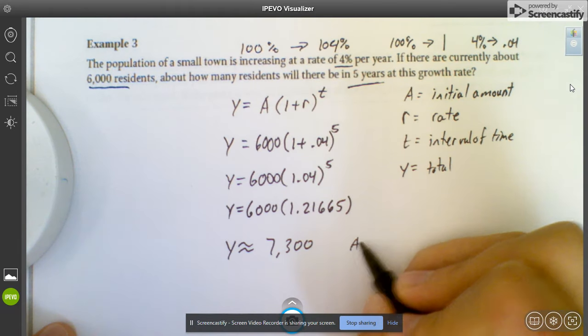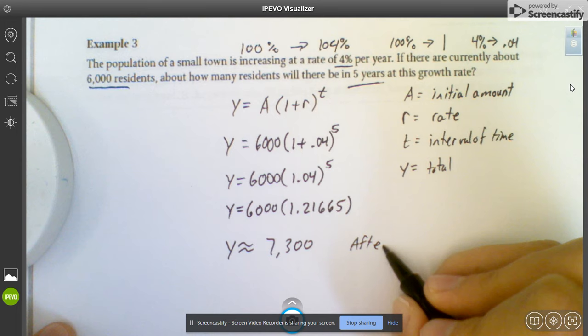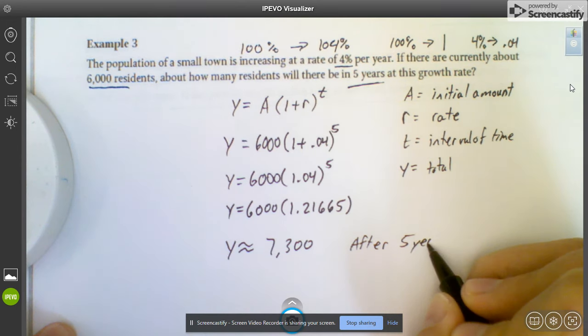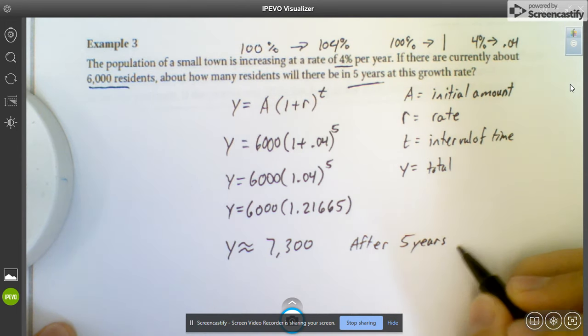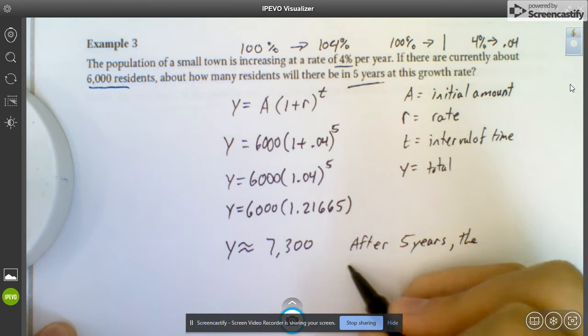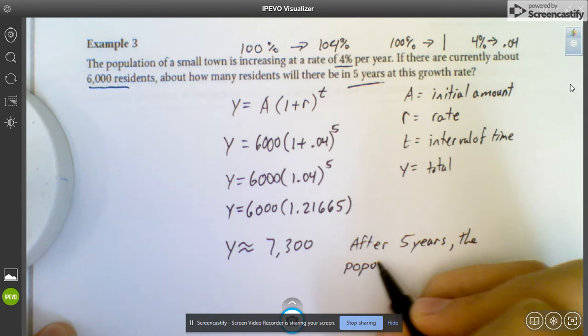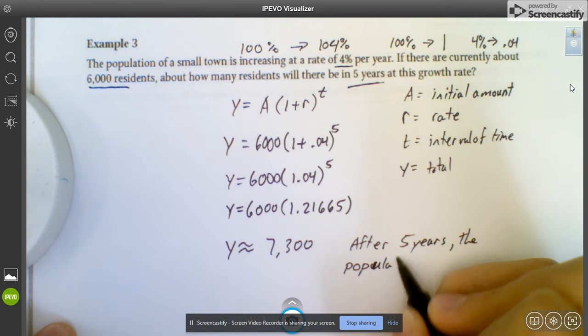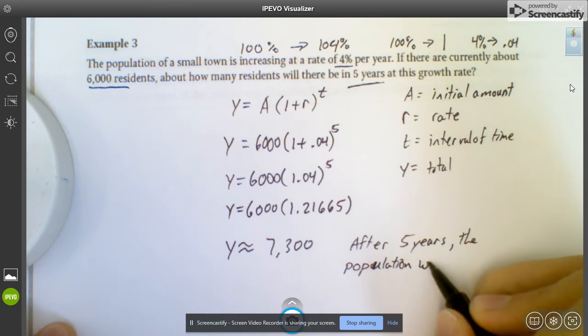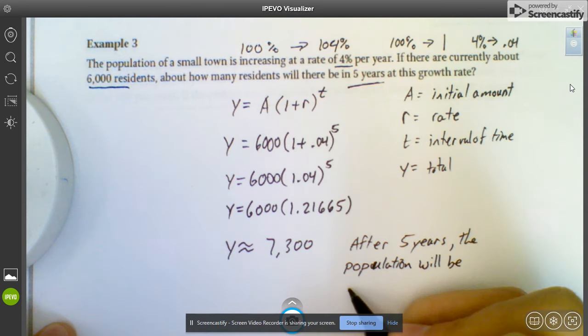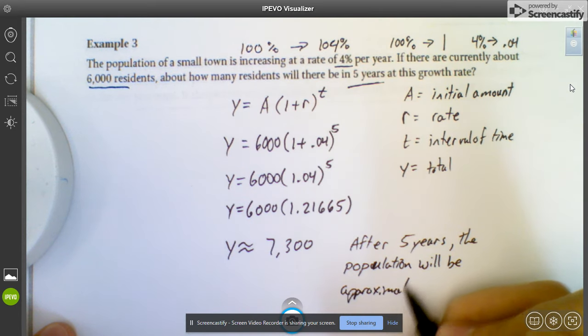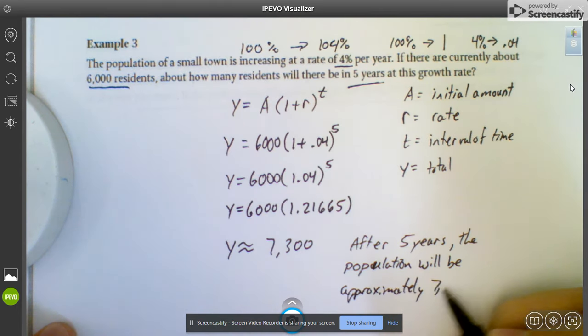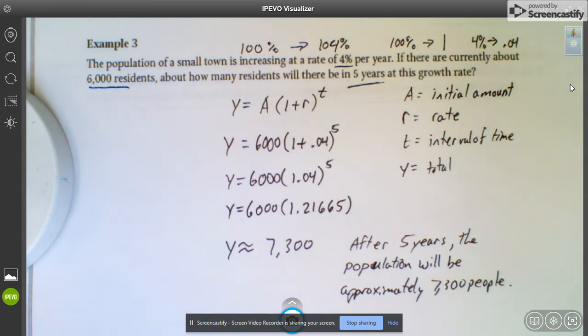After 5 years, the population will be approximately 7,300 people. Okay, moving on.